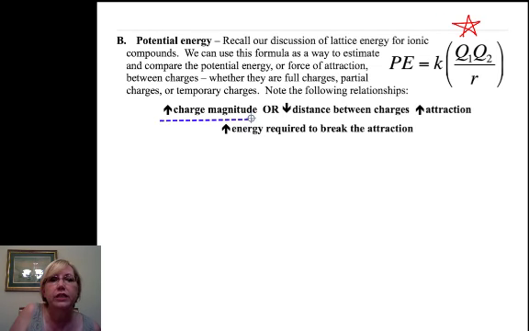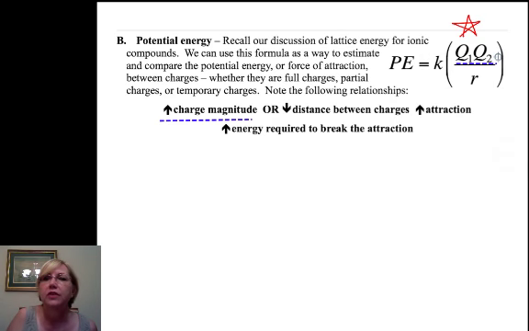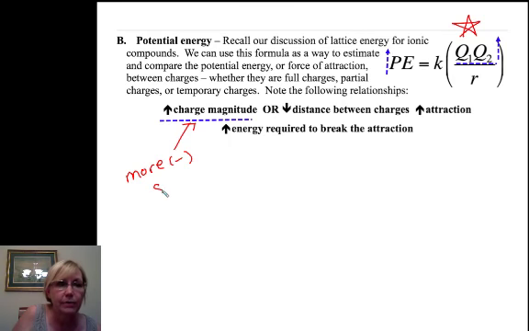If we increase the charge magnitude, so that's our top, if we increase our numerator there, what that's going to do is cause an increase in potential energy, and I'm talking about the magnitude of the potential energy. If it's an attractive force, the increase is going to make it more negative or more stable.